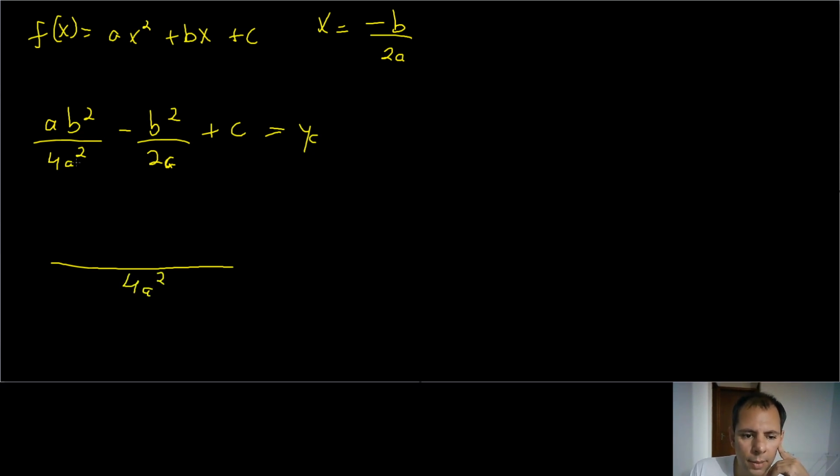Now 4a squared divided by 4a squared, 1 times ab squared. Minus, 4a squared divided by 2a is 2a times b, so you got 2ab squared. And in here, you're going to have 4a squared c.